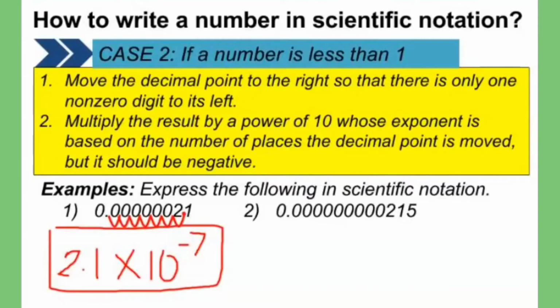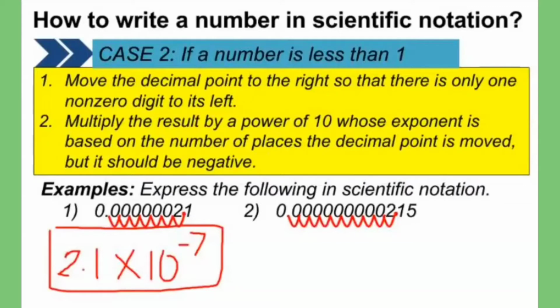For our second example, from our original position of the decimal point, we now move... and again, hanggang dyan na lang natin dapat i-move ang ating decimal point kasi meron na tayong isang non-zero digit to the left of our decimal point.